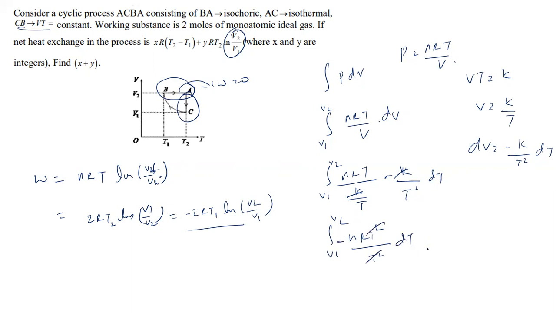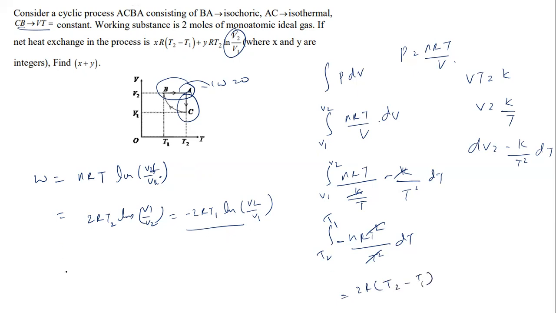So this temperature came, we convert into this, then what do you get? You will get T2 to T1. So here again you will get 2R T2 minus T1.